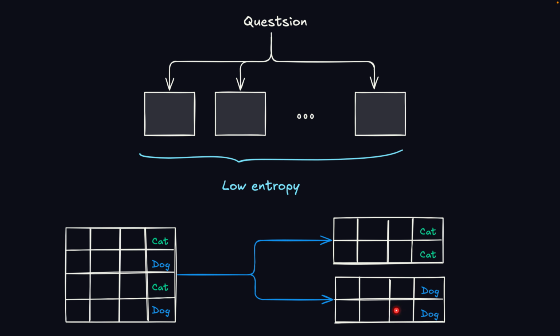And in here, again we have two records, both of them cat, which means low entropy. So this is a good question to ask. Whatever question we asked that resulted in these two subsets is a very good question to ask. This is how we use entropy to decide whether the question we are going to ask is the right question or not.